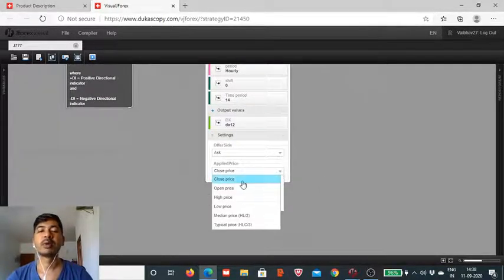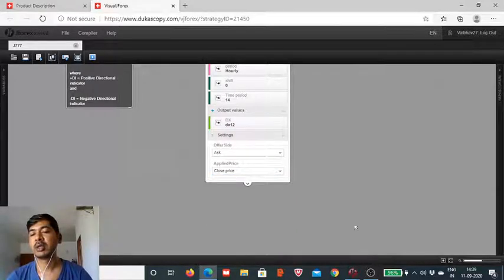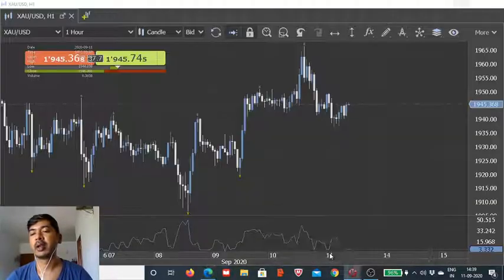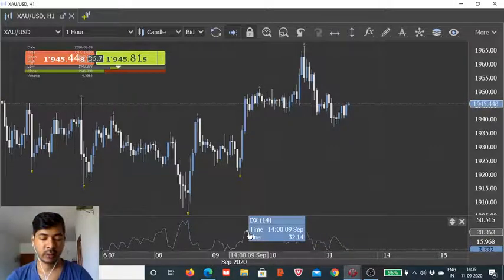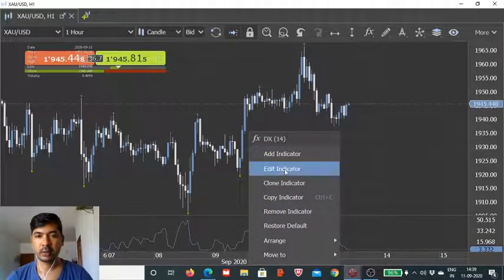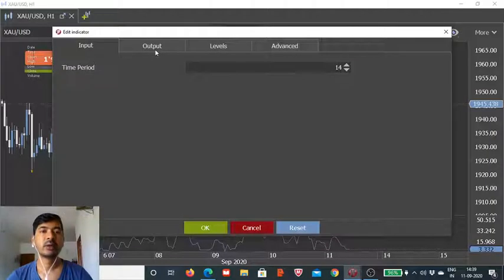If you want to work with the close price, then the output value for the DX indicator will be calculated using the close price. If you use any other option like open price, high price, low price, then the calculation will be done accordingly.